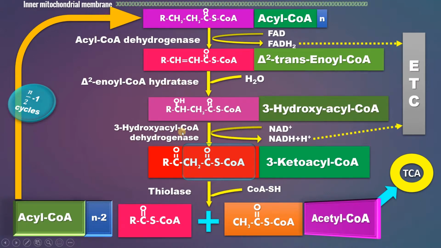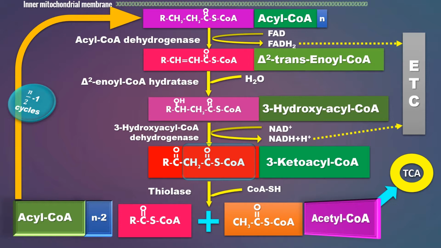And the third reaction here, again oxidation by NAD coupled hydroxyacyl-CoA dehydrogenase. And the last reaction is going to be cleavage of this 3-ketoacyl-CoA into one molecule of acetyl-CoA and an n-2 acyl-CoA, and this cycle continues until the entire fatty acid is converted to acetyl-CoA.